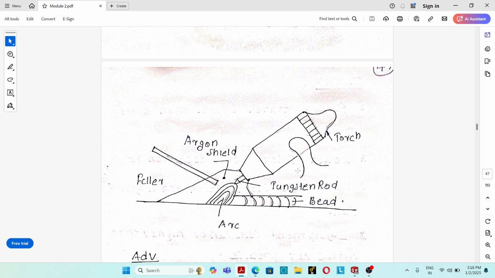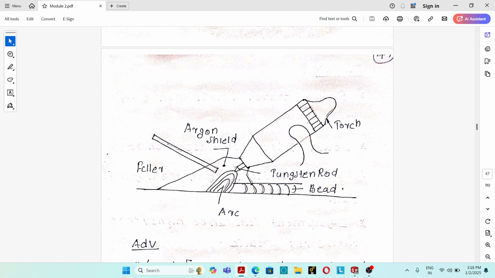It consists of a TIG welding torch, which supplies the heat to the workpiece. Filler material is not supplied by the torch; it is added to the molten weld pool separately, manually, from outside. The electric arc is created between the non-consumable tungsten electrode and the part to be joined.